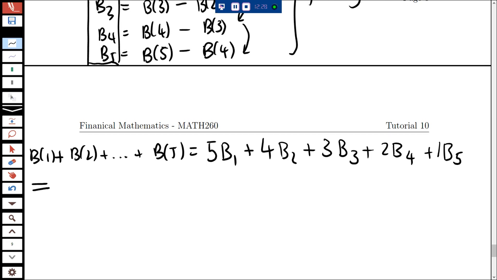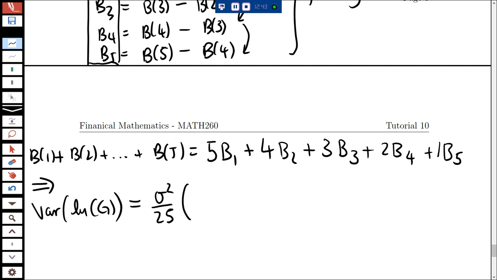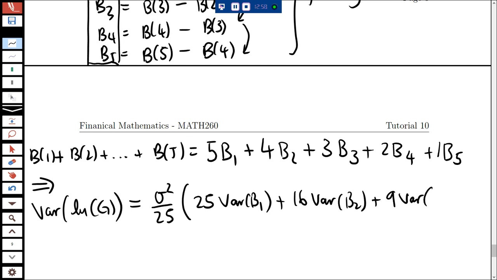Okay, once you've convinced yourself of that, we're now ready to take the variance. So we know it's sigma squared over 25, and we can use this above identity, so we get 25 times the variance of B1, 16 the variance of B2, just squaring the numbers in the front, and so on and so on. 9, 4, 1.